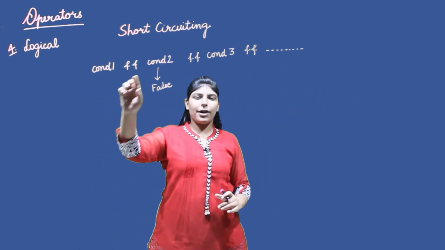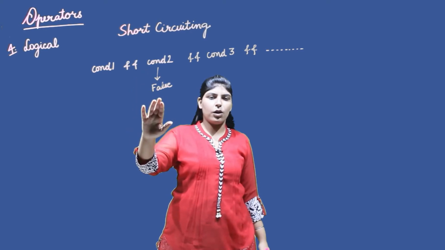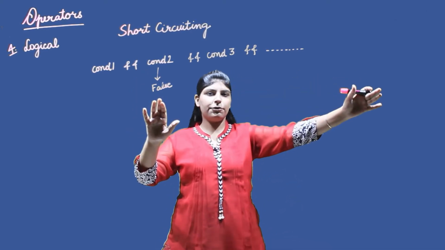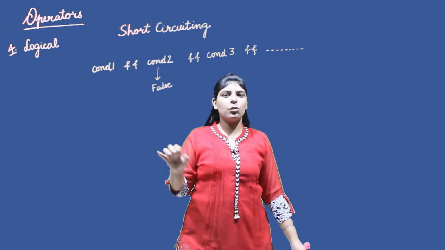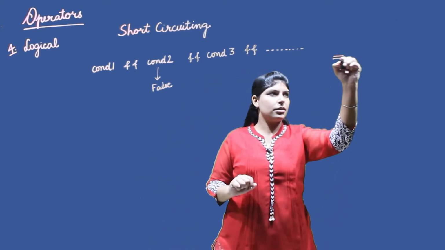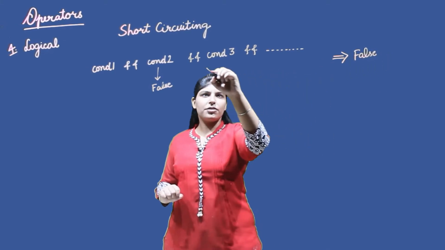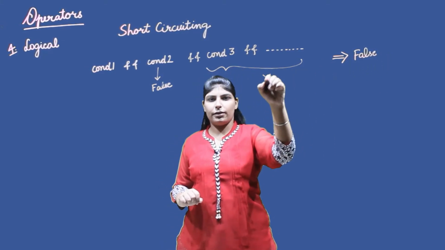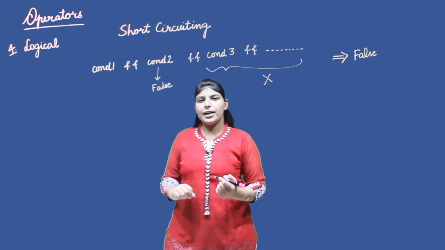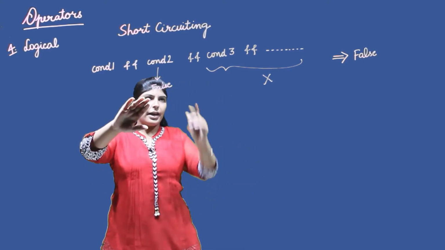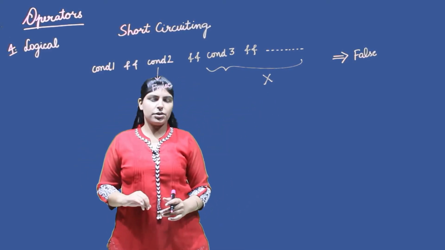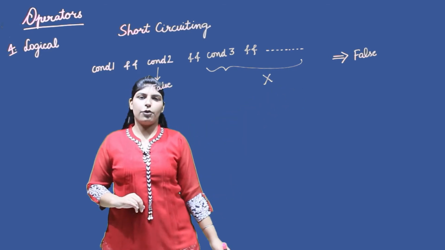So whenever I find any condition whose output is false, I need not evaluate the further expression because I know the output will be false. So this part of the expression won't be evaluated. Whenever I find any condition which is false, we stop its execution because the result is already false.